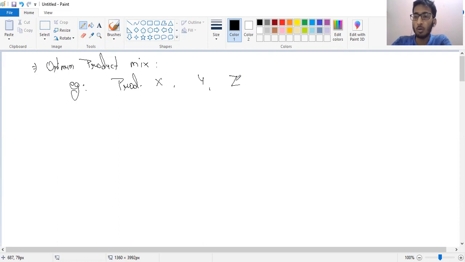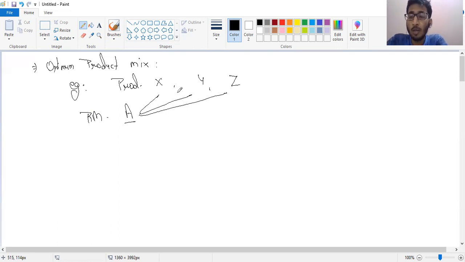Since your company is capable of making these three products, there is one raw material, suppose raw material A, which is needed in all three. But the situation given is that raw material A is a limiting factor.